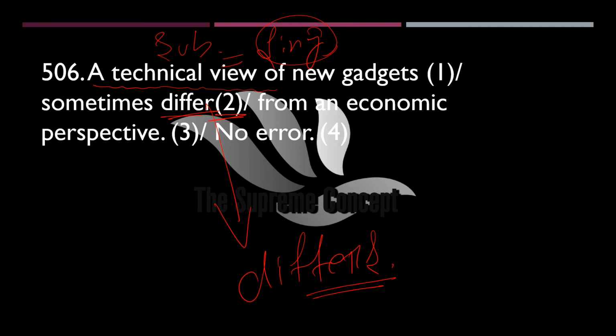So differs is the singular verb form, which takes s or es if the subject is third person singular. So for that reason we are using differs. Our sentence will be, a technical view of new gadgets sometimes differs from an economic perspective.